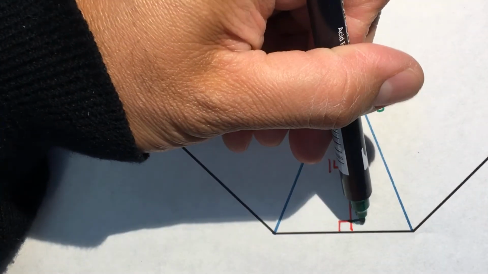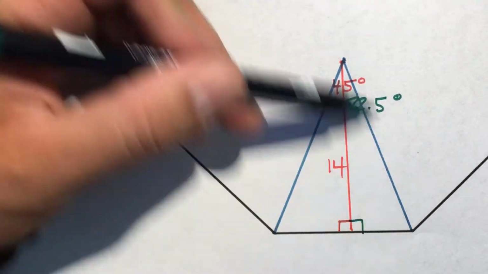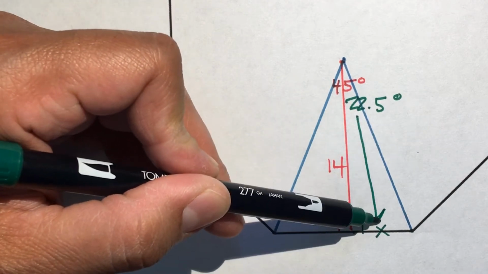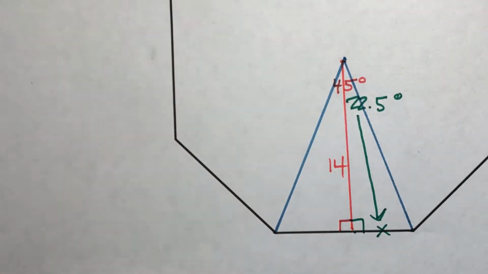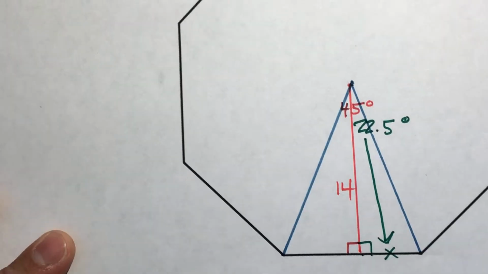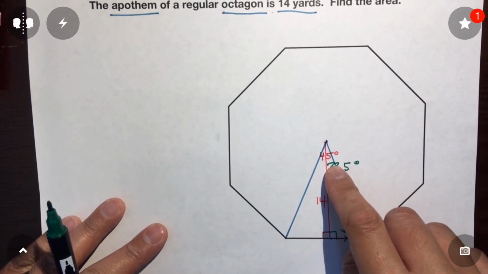Okay, so this angle is 22.5. This is also a right triangle, and if we focus on this, we can figure out the length of this. I'm going to put x right here. We have the opposite, and we have the adjacent. So again, just like in the previous problem, we can use tangent because we have this angle, theta, which is 22.5.